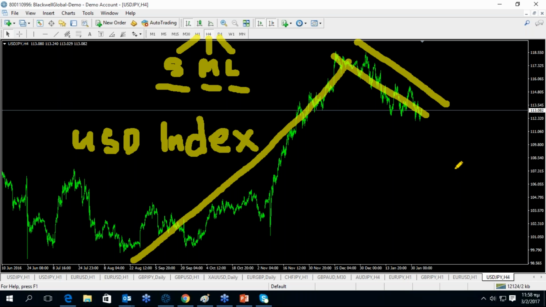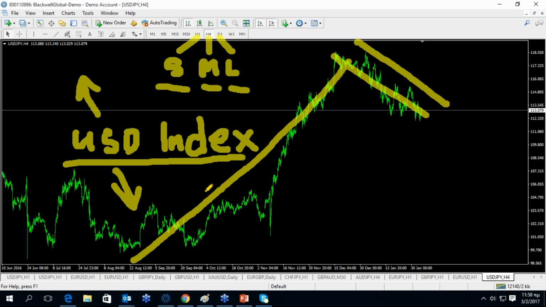It's the US dollar compared against a basket of 6 currencies, giving you an idea of USD strength or weakness as a whole.